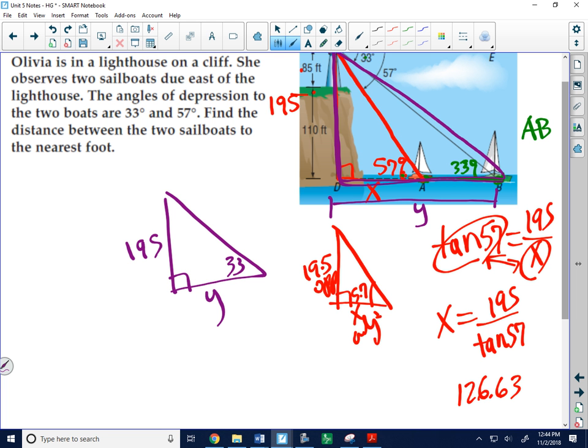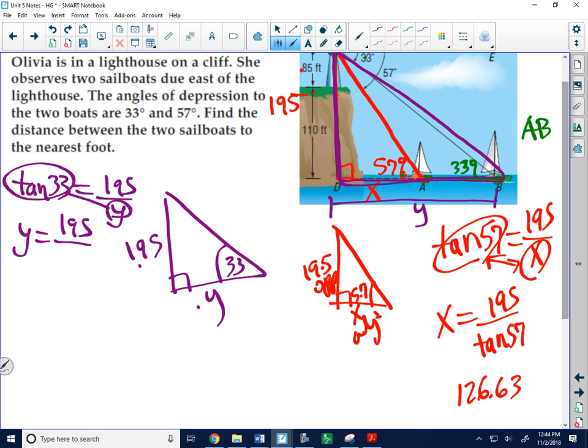Once I get this, I'll have the whole distance, and I'll just subtract. That'll give me AB. So let me do the purple triangle. It's the same problem, it's just 33 is the only difference. So it's still tangent of our angle, opposite over adjacent, 195 over y. Still do the switch, so it's 195 over tangent 33.